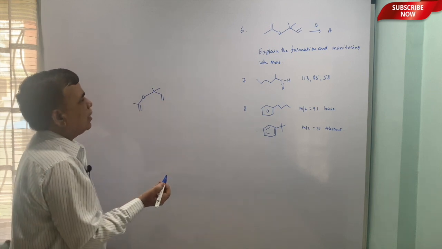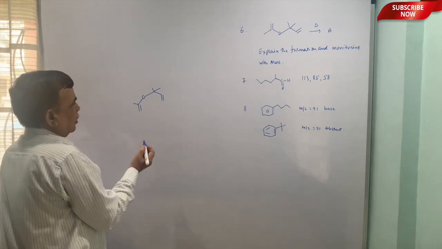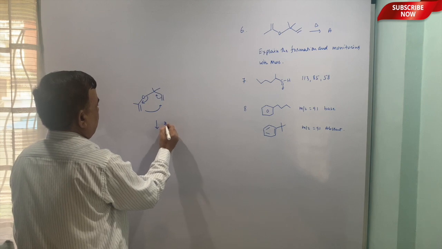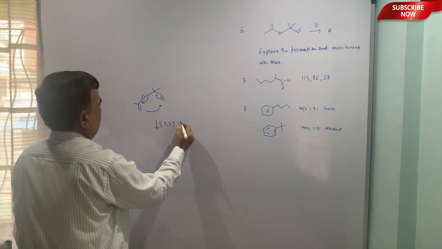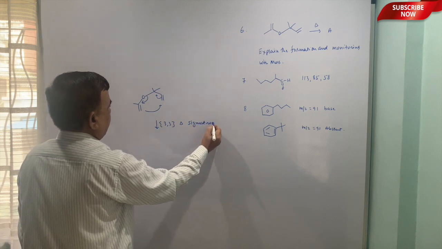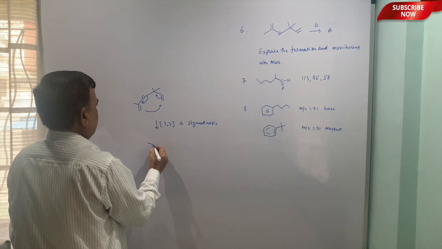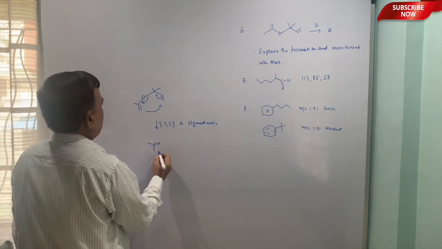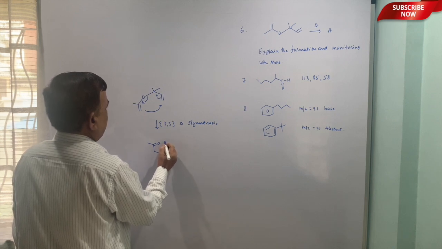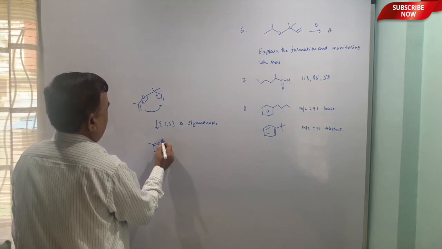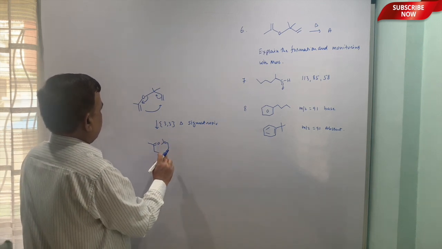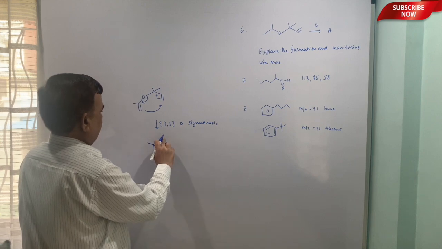okay, the same thing. I am rewriting the stuff. This is 3,3 sigmatropic, thermal sigmatropic rearrangement, and then as a consequence of this you will have CO, or maybe one carbon less probably.